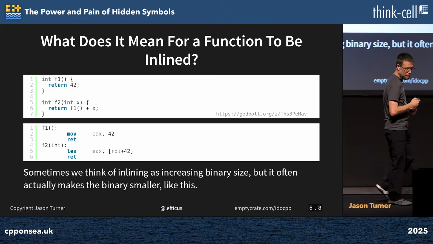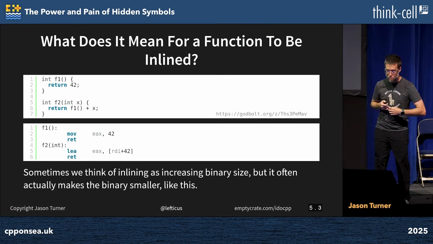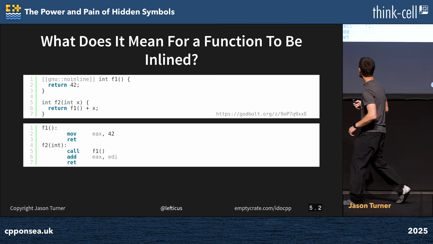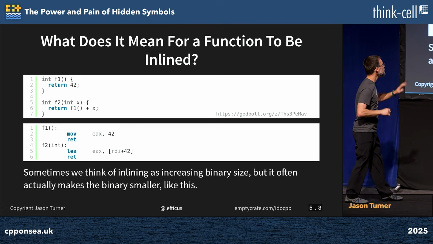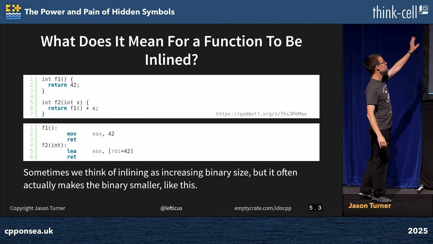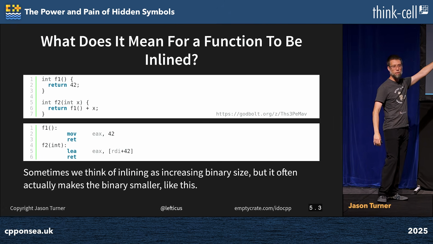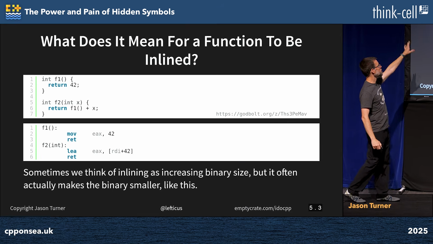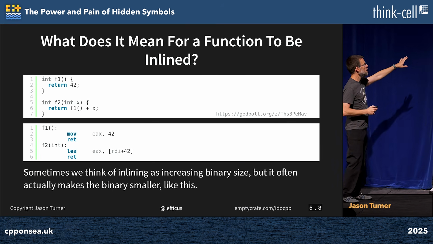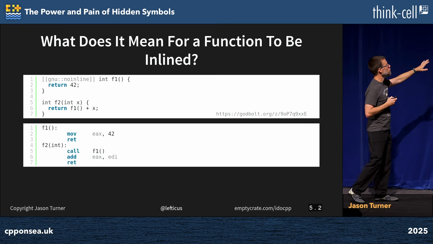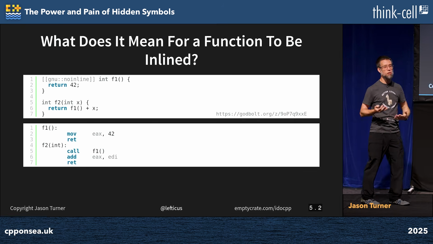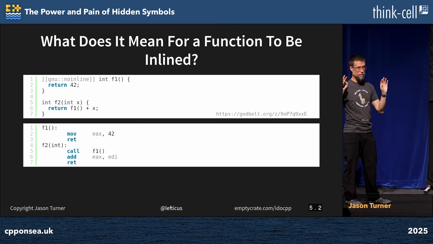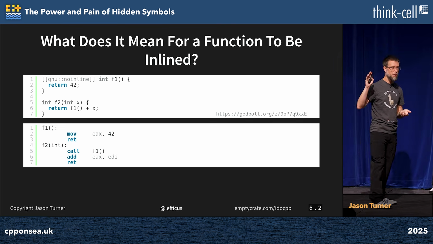All right, this is a function that has been inlined. There's a couple things to talk about here. In this specific example, notice F1 was still emitted, even though it's not being called. Even though I have the full function bodies for F1 and F2, depending on how old you are, you might think of inlining as something that's going to bloat my code and make my binary bigger.